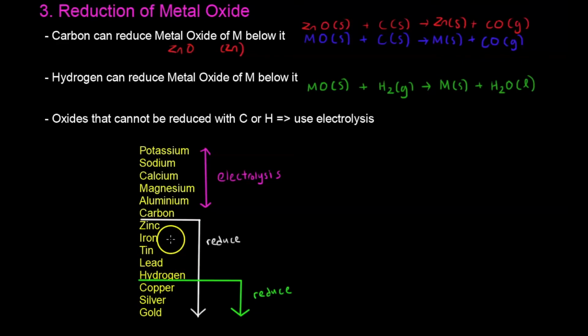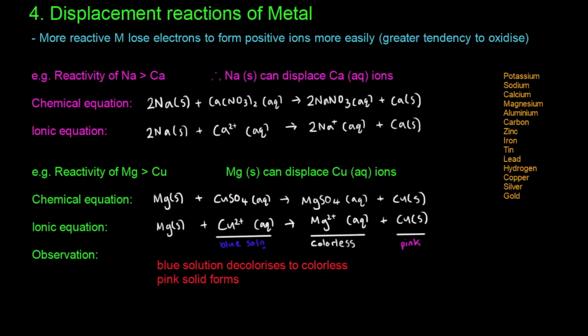Next we'll move on to displacement reactions of metals. More reactive metals lose electrons to form positive ions more easily. The reaction is as such: this is my sodium solid, it forms Na+ and an electron.